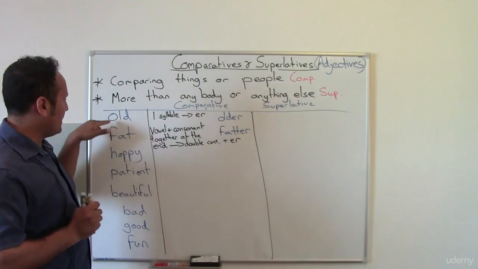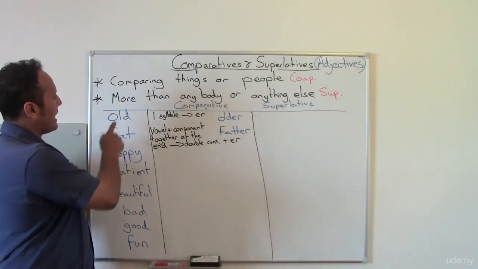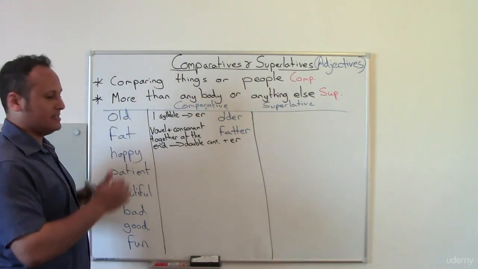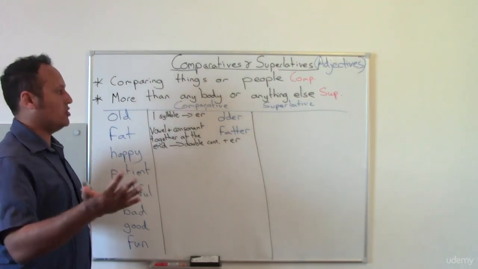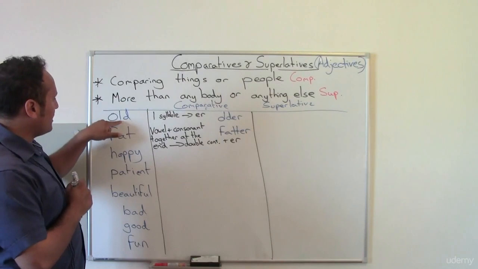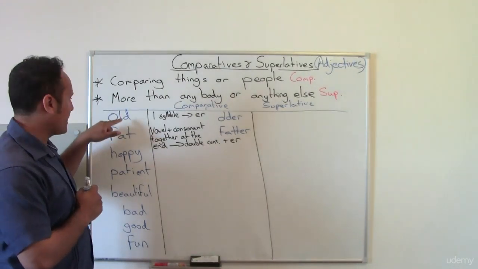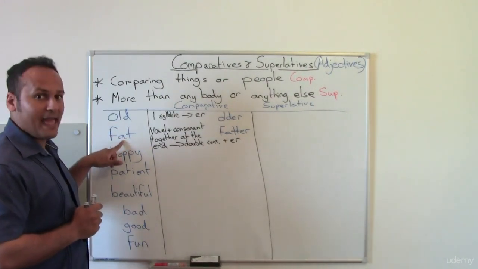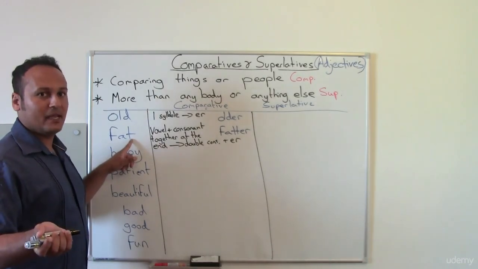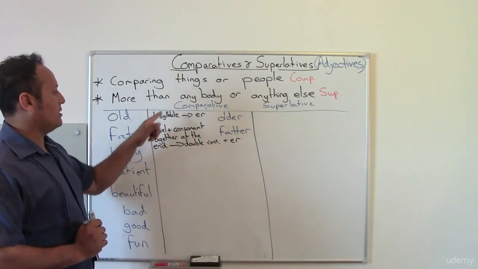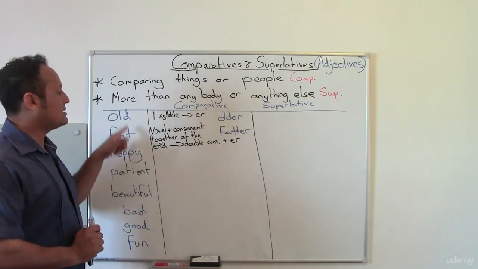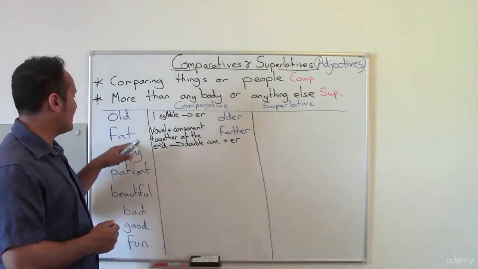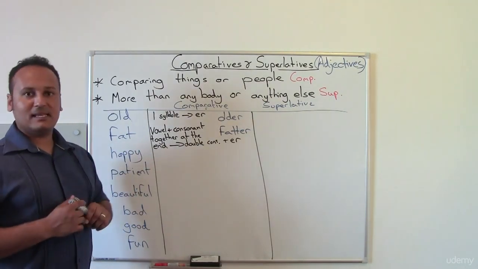However, the difference between old and fat is that old has two consonants, L and D. Remember, a vowel is A, E, I, O, U. So the last two letters here are consonant L, consonant D. However, here, the last two letters are vowel A and consonant T. So, because of this, vowel and consonant together at the end, you must double the consonant. So fat becomes fatter. So you add an extra T and ER.